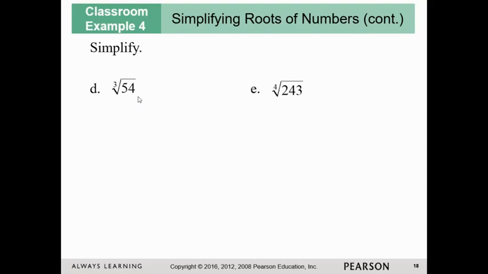But if we played around with 54 a little bit, we would see that we can do 27 times 2. And we know that the cube root of 27 is 3. So we simplified the cube root of 54 into 3 cube roots of 2.